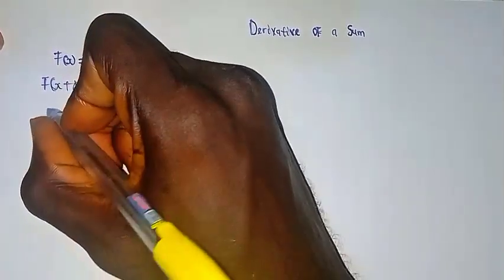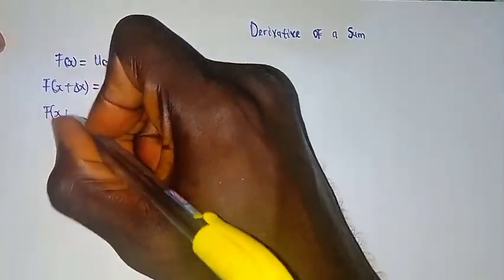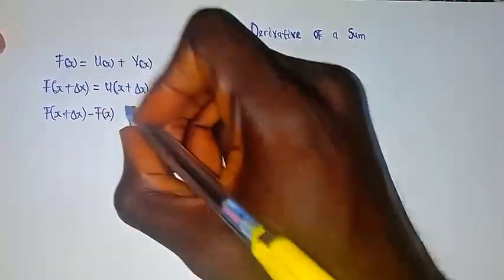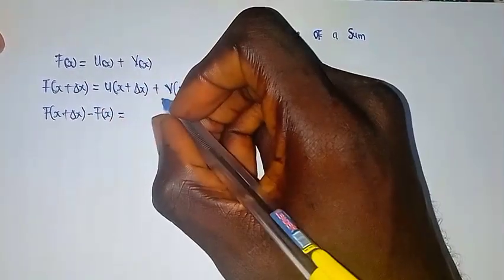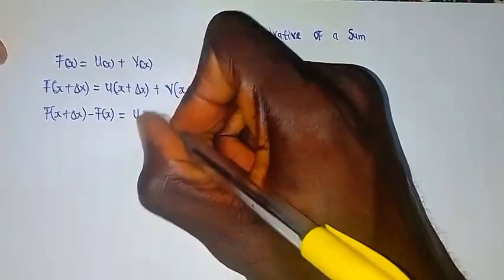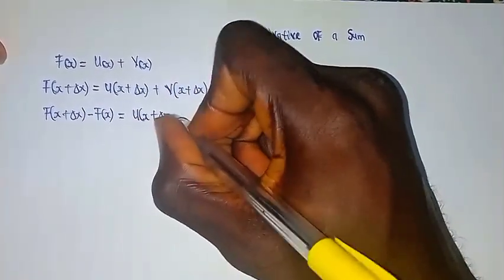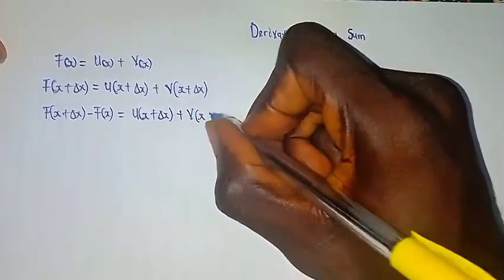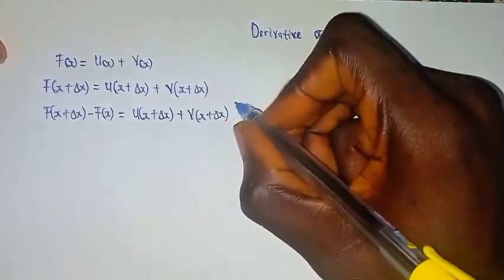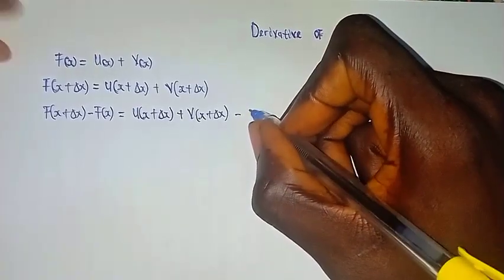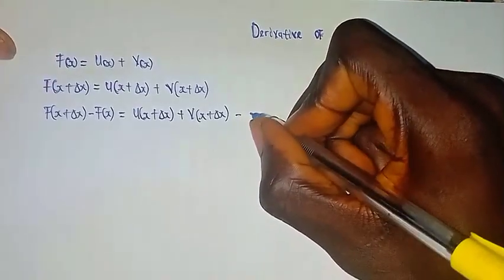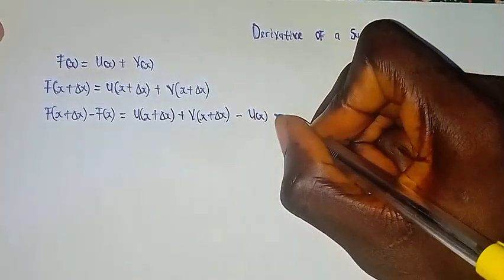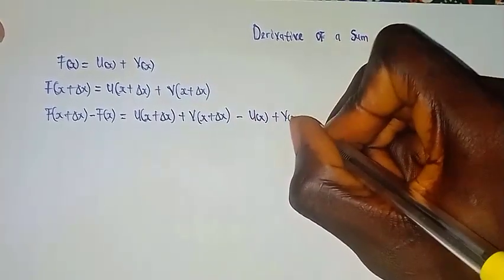So our left hand side becomes f of x plus delta x minus f of x, and on our right hand side it becomes u of x plus delta x plus v of x plus delta x, minus, now f of x becomes u of x plus v of x.